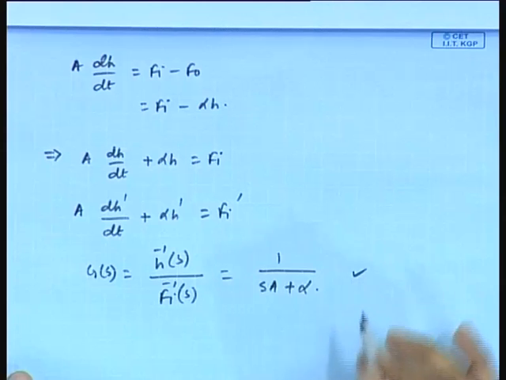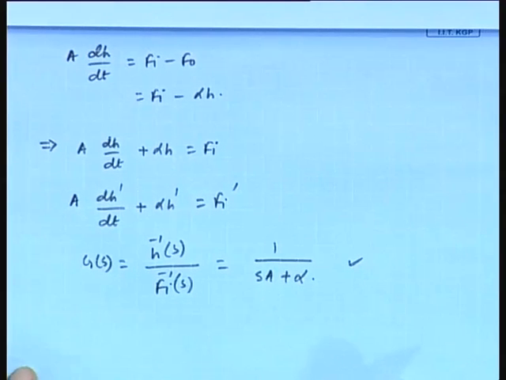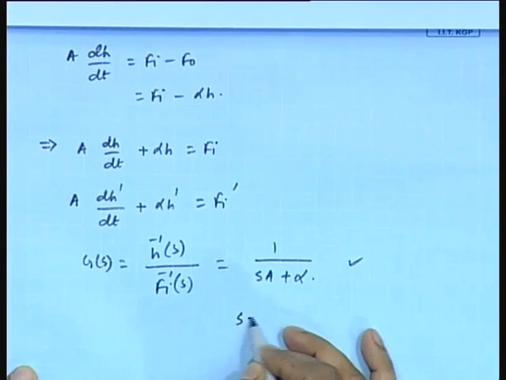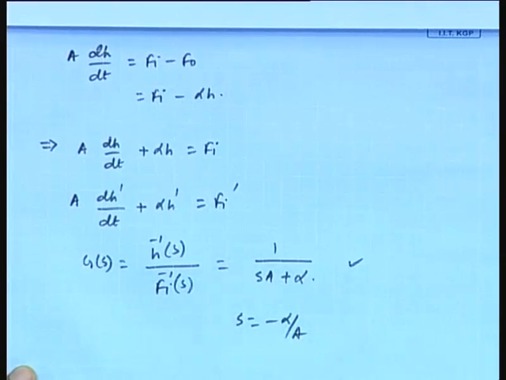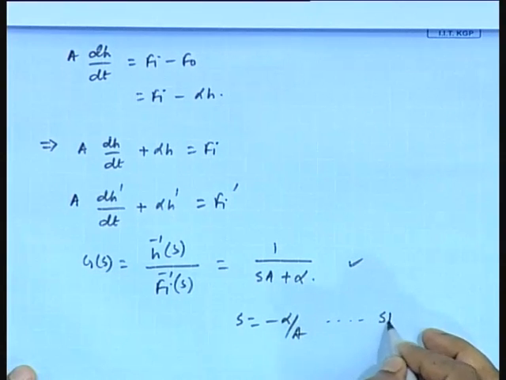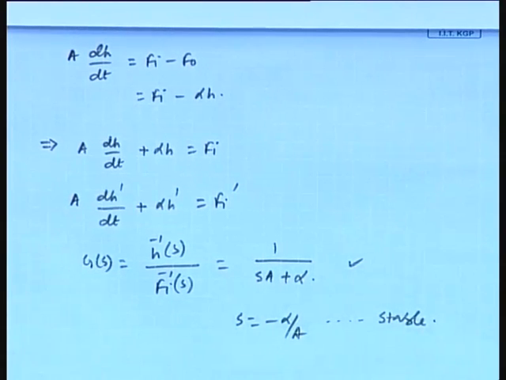Agree. So, what is the pole of this equation? Minus alpha divided by A. So, is the system stable or unstable? The system is stable. Area is always positive. So, if we consider alpha is positive, then the system is stable. Okay, thank you.